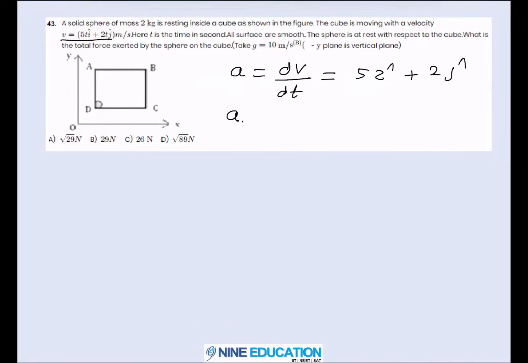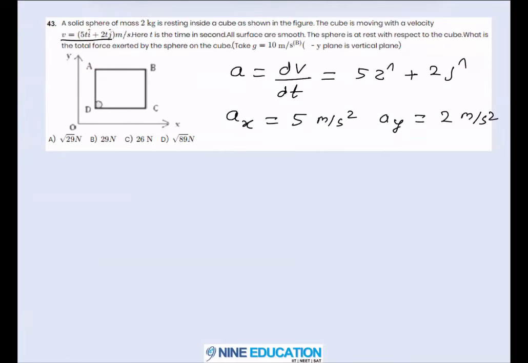That means the x component of the acceleration is 5 meter per second square, while the y component of the acceleration of the block is 2 meter per second square. Okay. Now, both of them are in the positive x direction and the positive y direction.